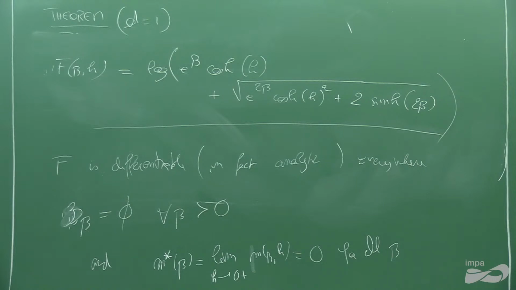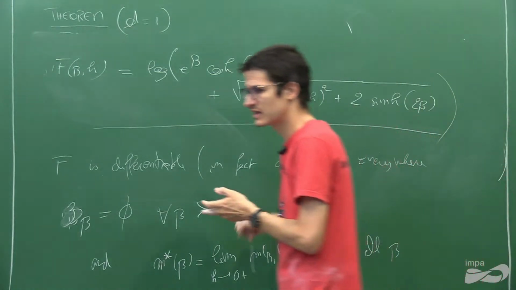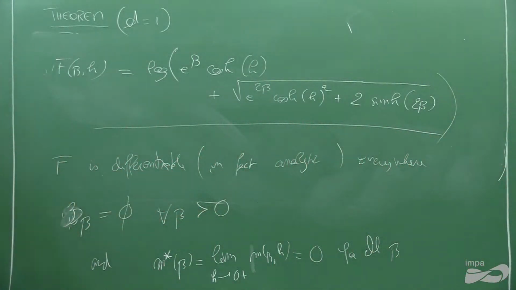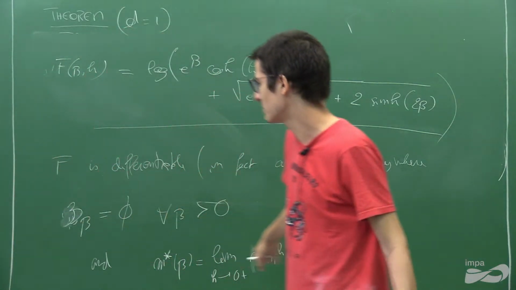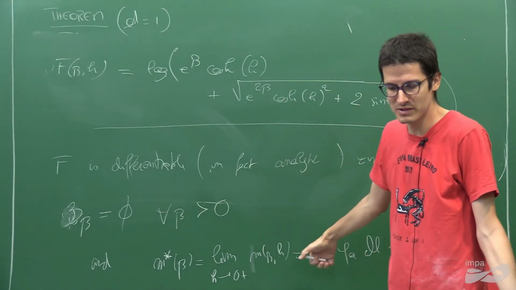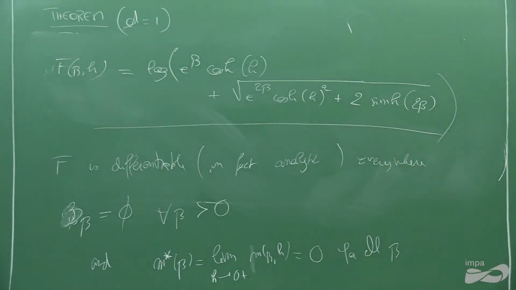And the idea is that this positivity of the spontaneous magnetization indicates that the magnet keeps its magnetization when you turn off the external magnetic field. So in dimension 1, the model is kind of a failure because we don't get a result that fits the experiment.